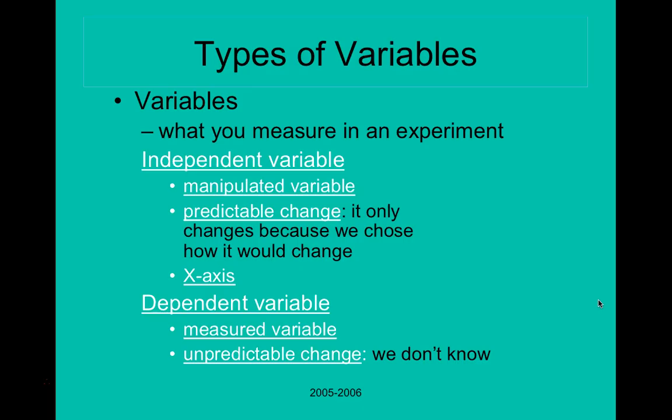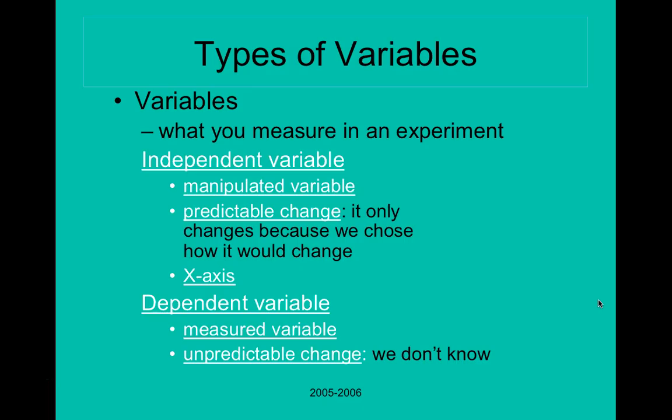So in the example of the plant in the sunlight, you would be manipulating the plant by taking it out of the sunlight and putting it in a dark space. So eliminating sunlight would be an independent variable.